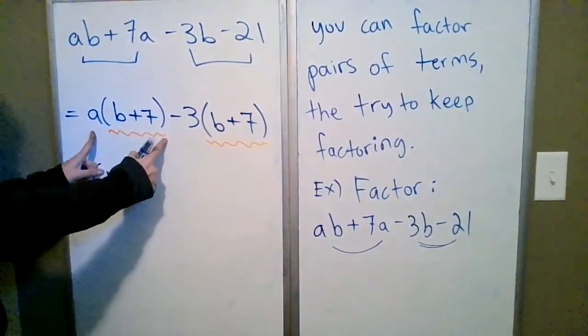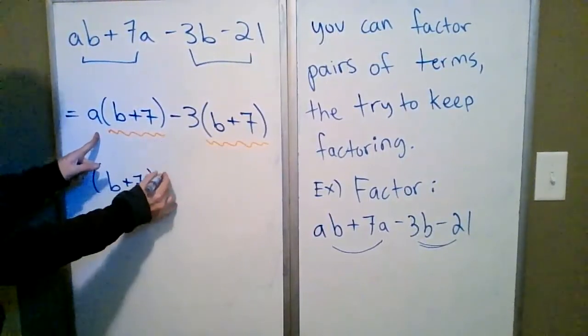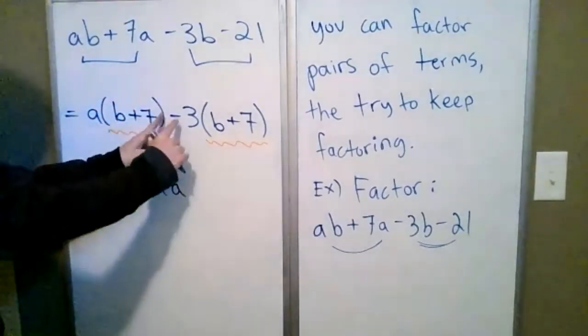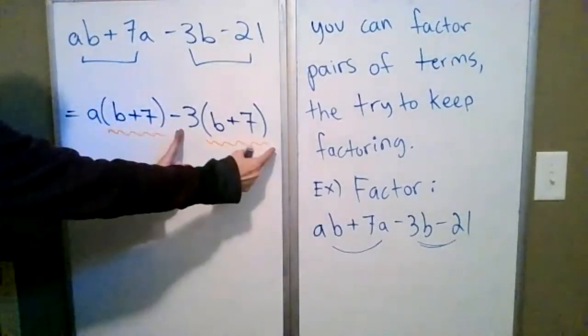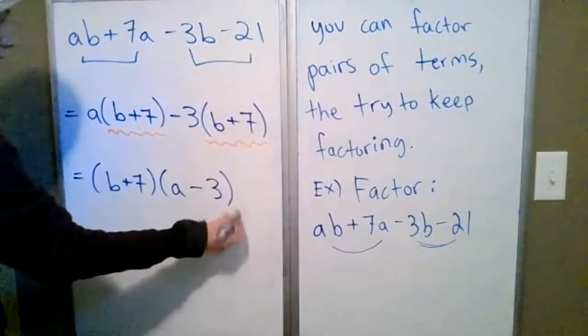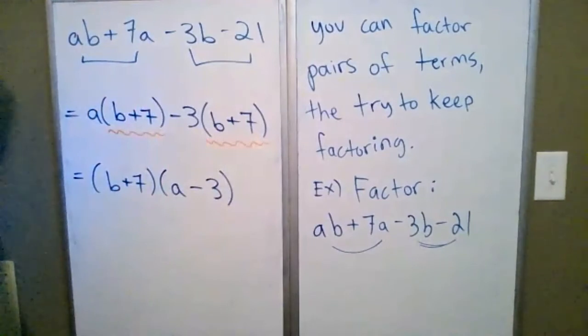From here, if you take away the B plus 7, it leaves A. And then you've taken care of this piece, minus. From this part, take away B plus 7, it leaves that 3. And that's the answer.